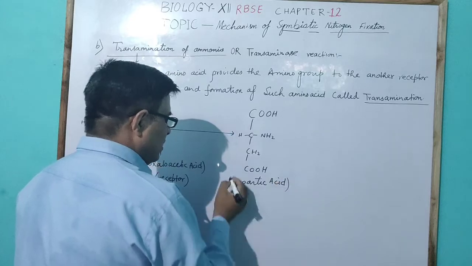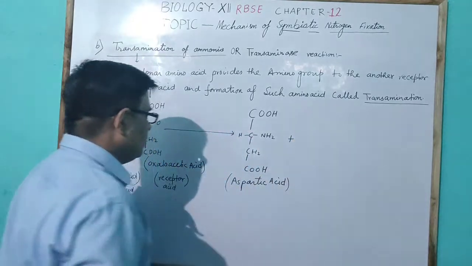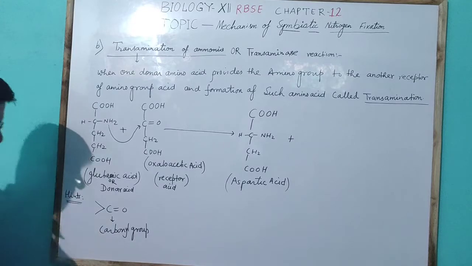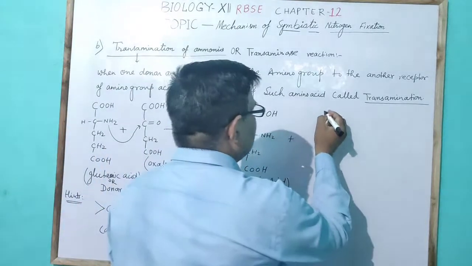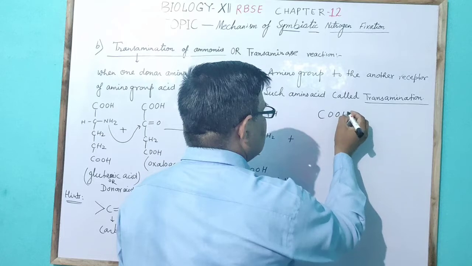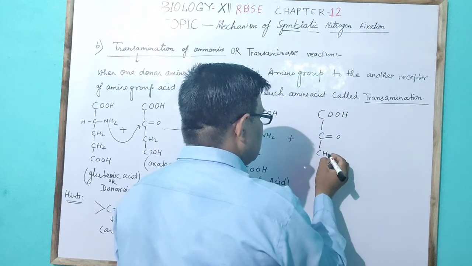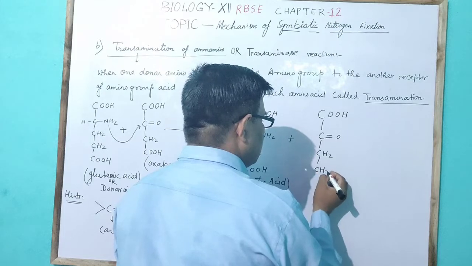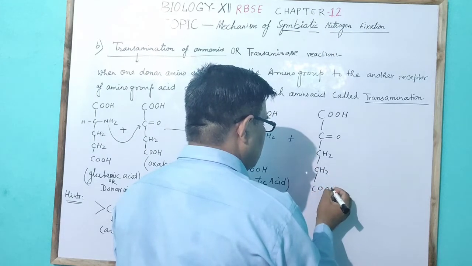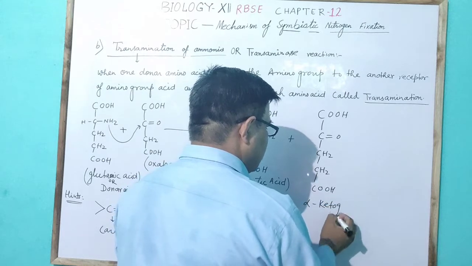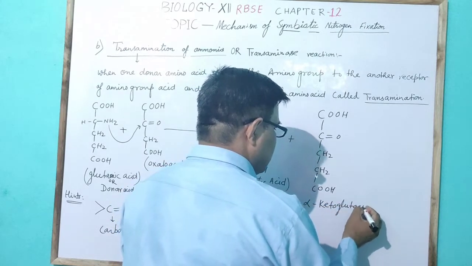And another compound is now produced with a carbonyl group. This is COOH, C double bond O, CH2, CH2, COOH. This is called alpha ketoglutaric acid.